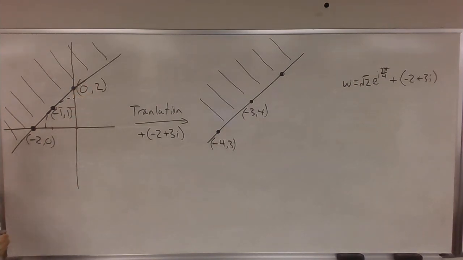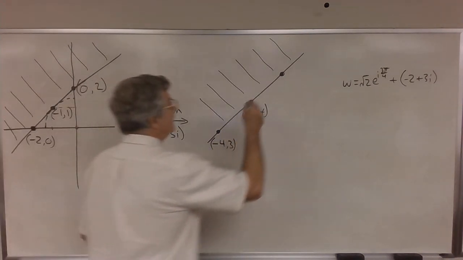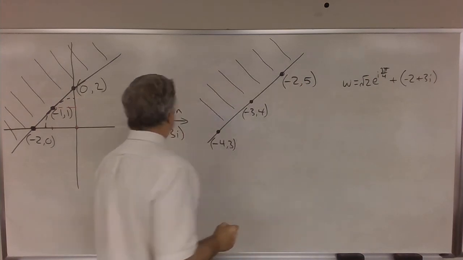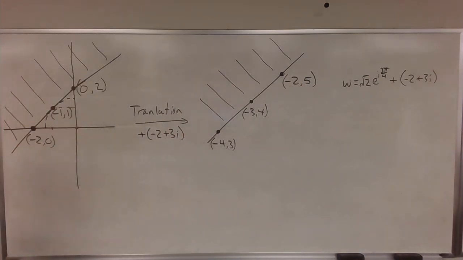There we go. Subtract 2 from the x-coordinate, negative 2. Add 3 to the y-coordinate. So that's negative 2, 5. Okay, so that's the new translation.